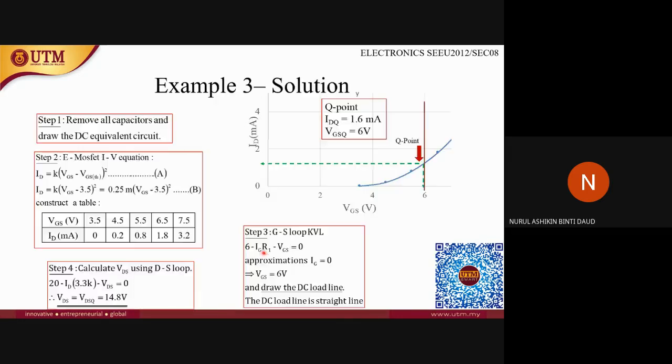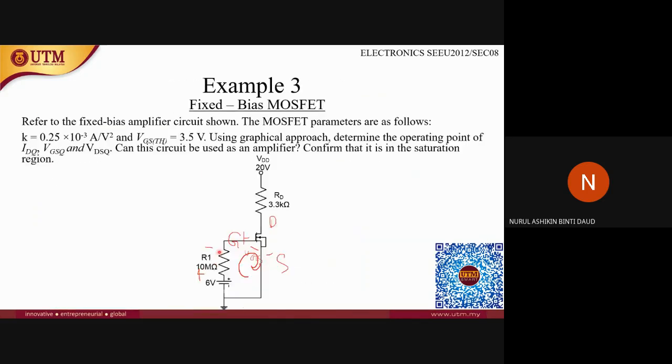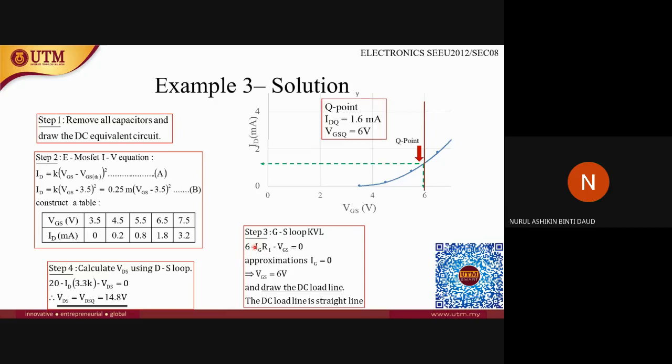Okay, potential drops here. By approximation, we know that IG is equal to 0. So we can assume that this resistor is actually not working here. Since IG is equal to 0, VGS is equal to 6 volts.